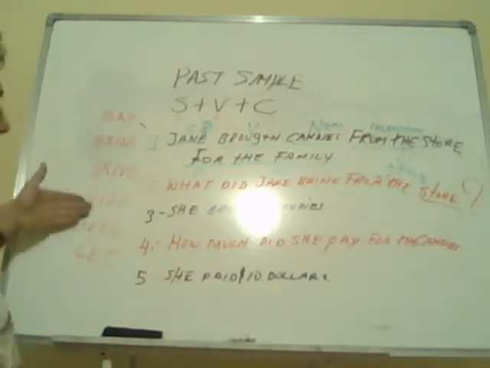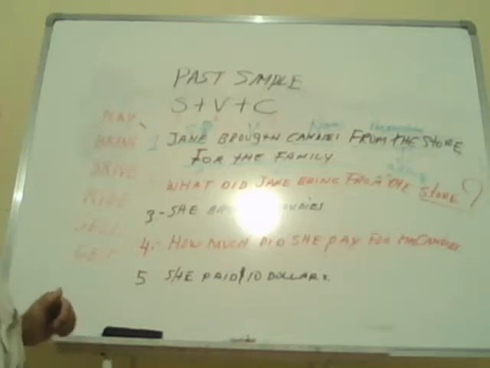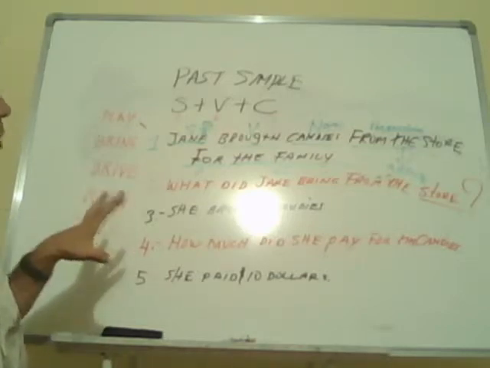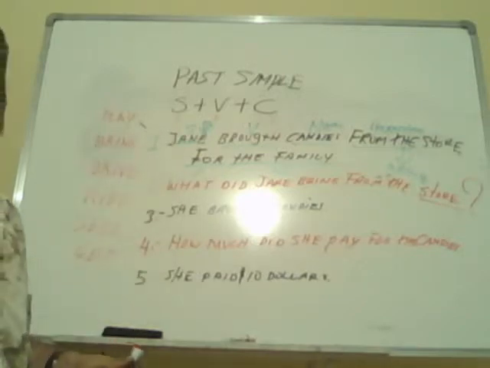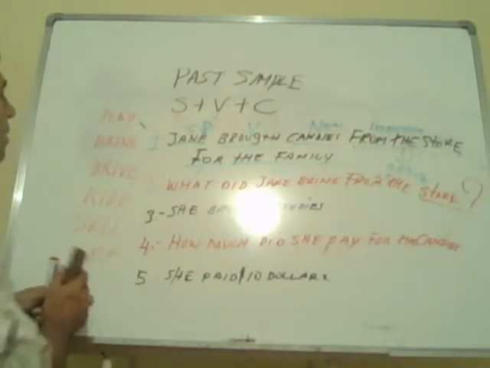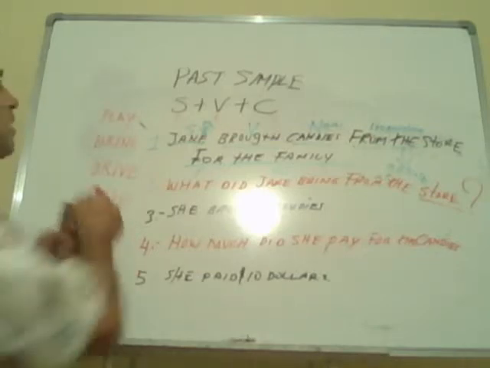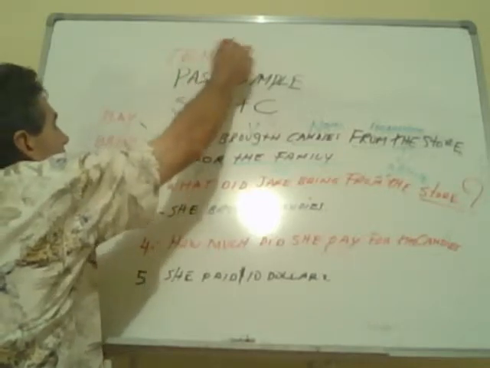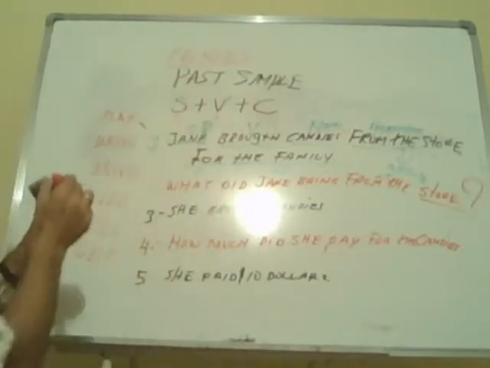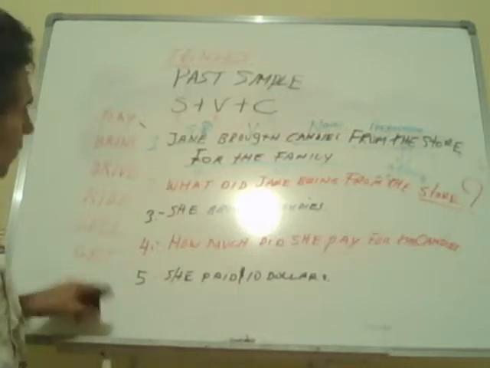Like play, bring, drive, write, sell, and get. Okay? So I hope you have copied these examples. I'm going to show you a different tense, right? These are called tenses. All right?